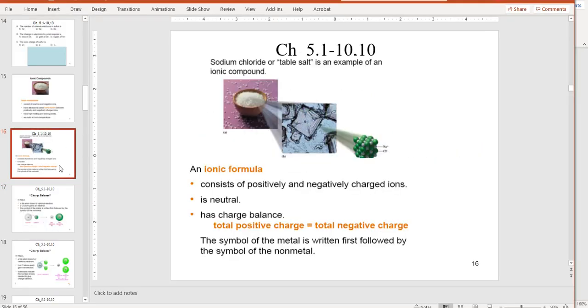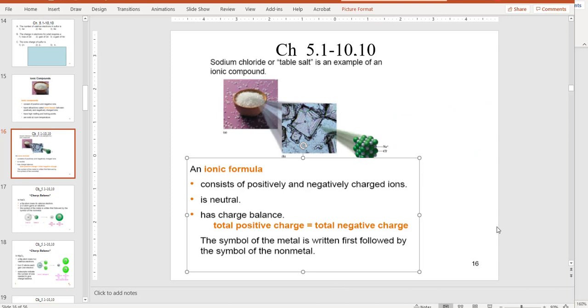So this is slide 16. We're going to be looking at ionic formulas. Let's go ahead and expand that. So total positive charges equal total negative charges.